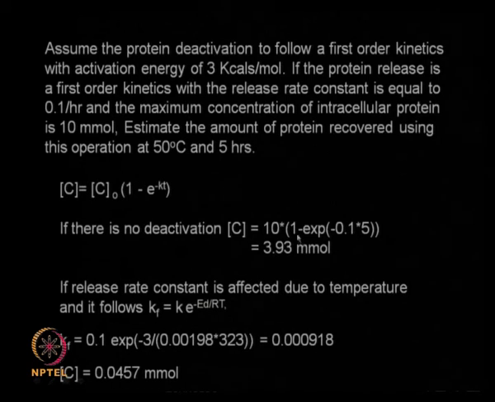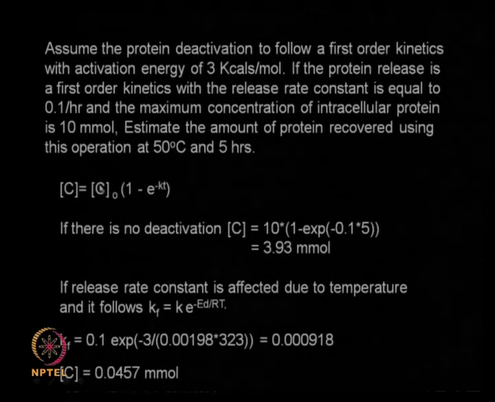So I can put in all these and I get it as 3.93. That means at the end of 5 hours, if there is no deactivation taking place, I just put the numbers here and show that I will be collecting 3.93 millimoles of the product or the protein.